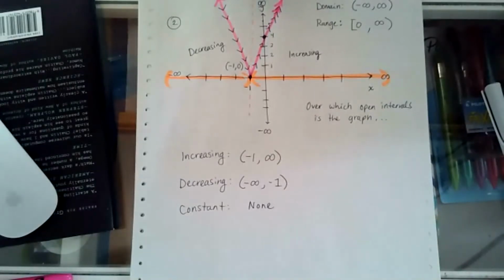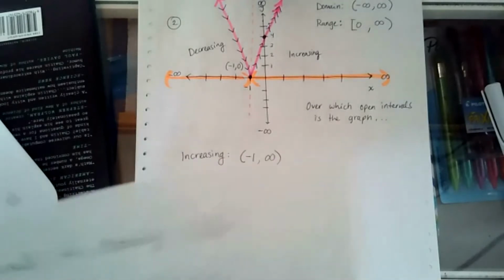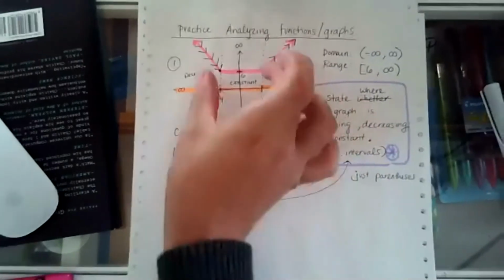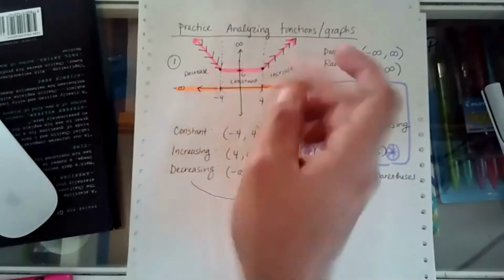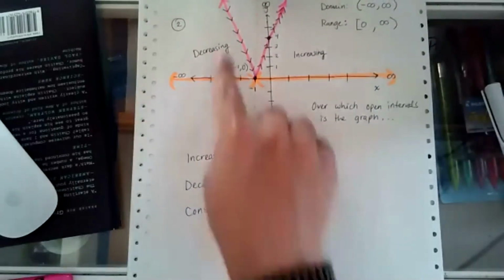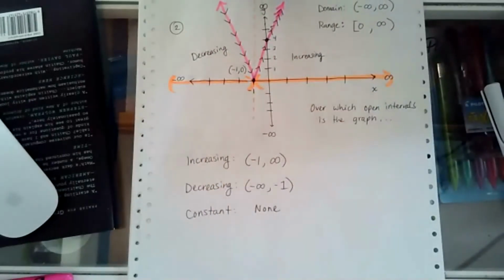And just for comparison's sake, one of the last graphs that we saw, if I can remember where I put it, oh, it's on the back of this page. This graph had a flat region. So this graph did have an increasing section, a constant section, and a decreasing section. But some graphs only have a decreasing and increasing, and other graphs are strictly decreasing or strictly increasing.